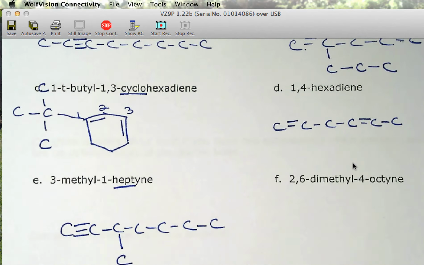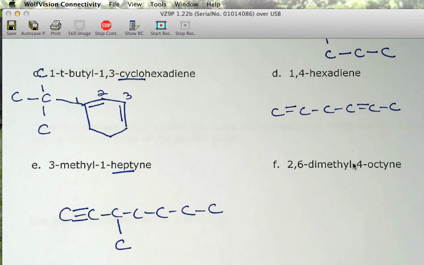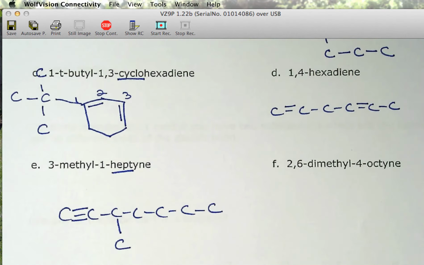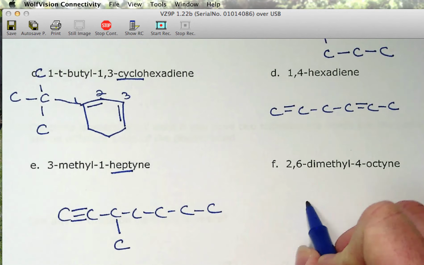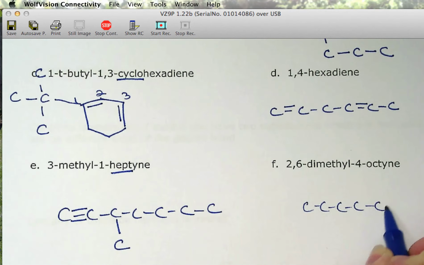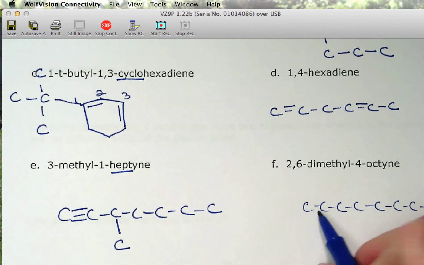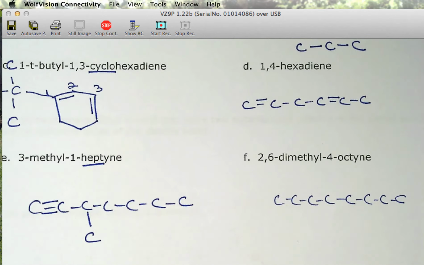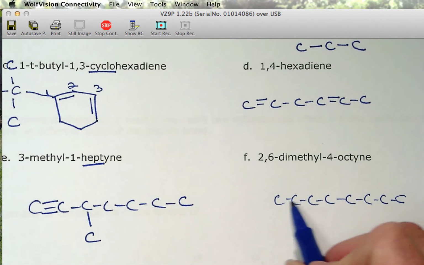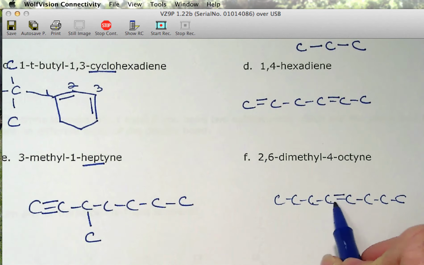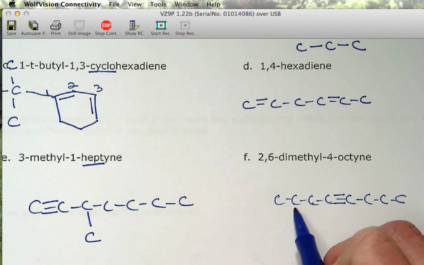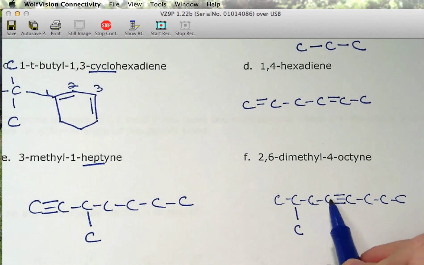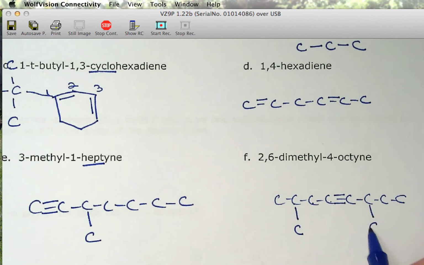And then methyl is 1 carbon. And then 2,6-dimethyl-4-octyne. So 1, 2, 3, 4. You have a triple bond. Off the second carbon, you have a methyl. Off the 6th carbon, you have a methyl.